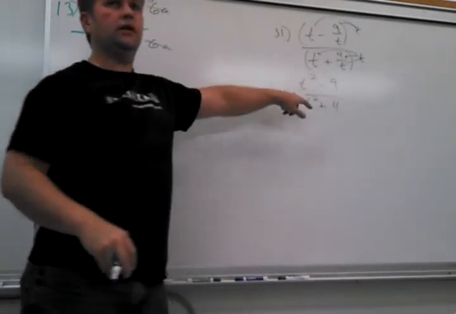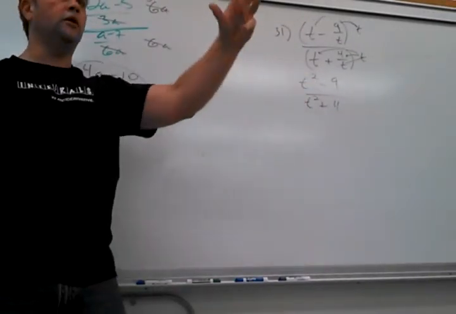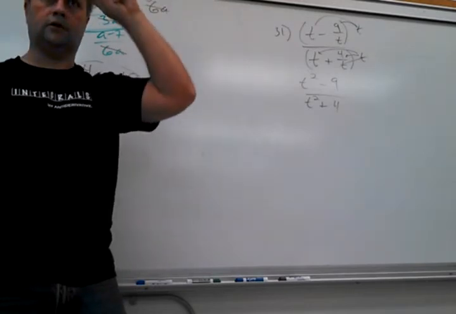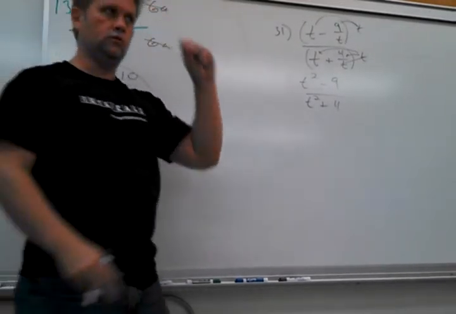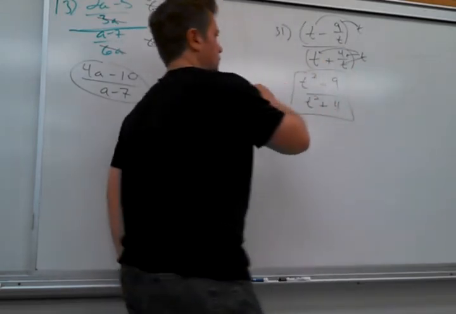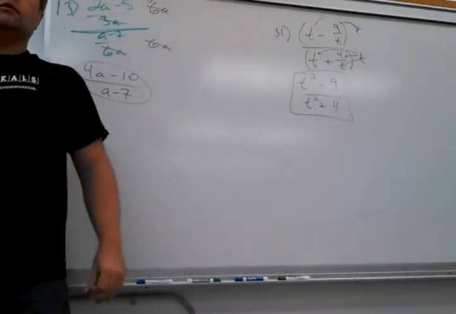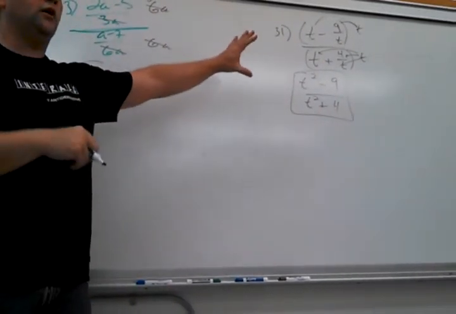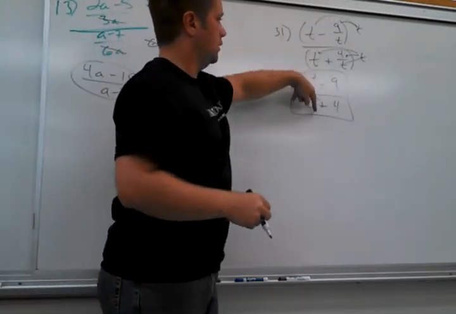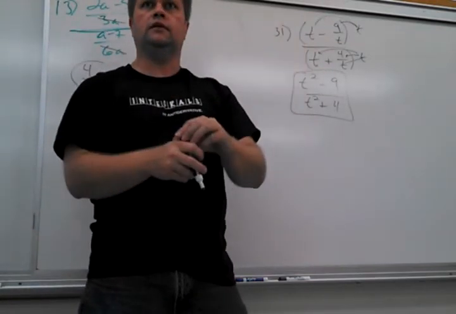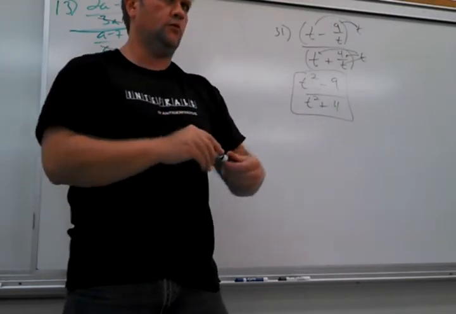Now you can factor the top, can you factor the bottom? No. So there's no point in factoring the top because nothing's going to cancel. So I know I'm done. Cool, I like it. But some of these could have a step where after you do this, you can do something that would cancel. You have to keep going. Okay.